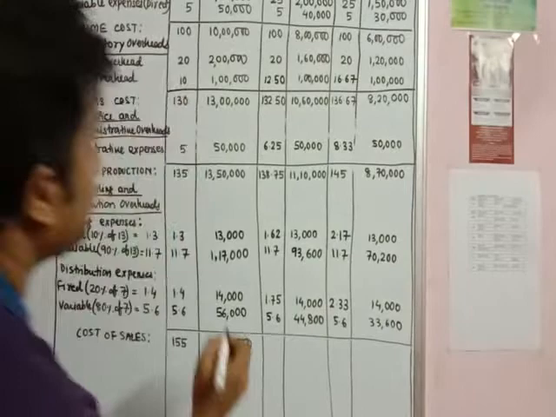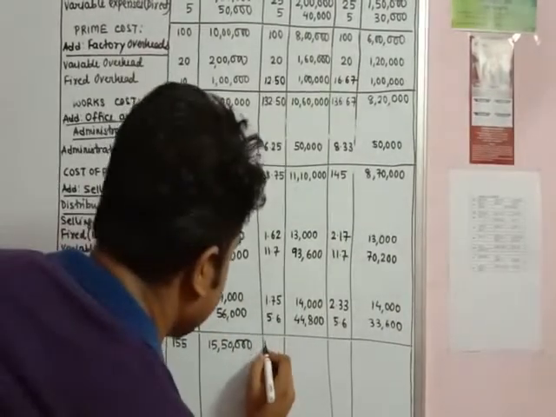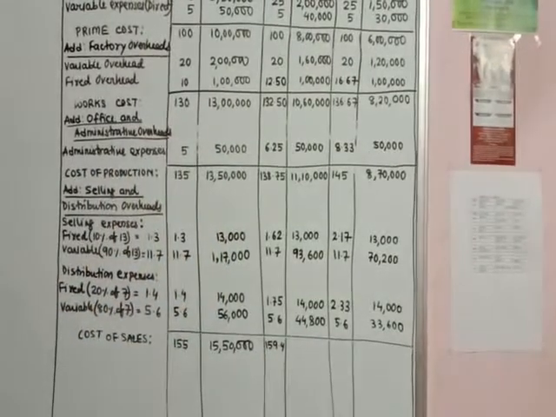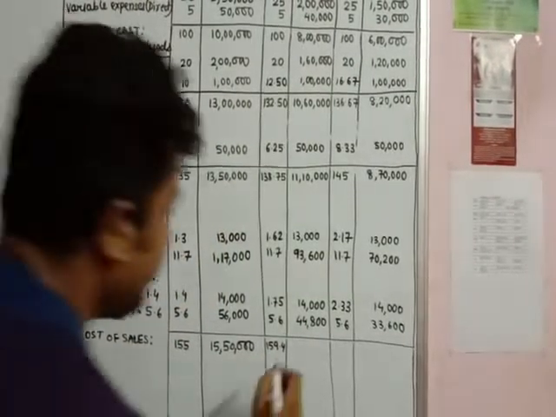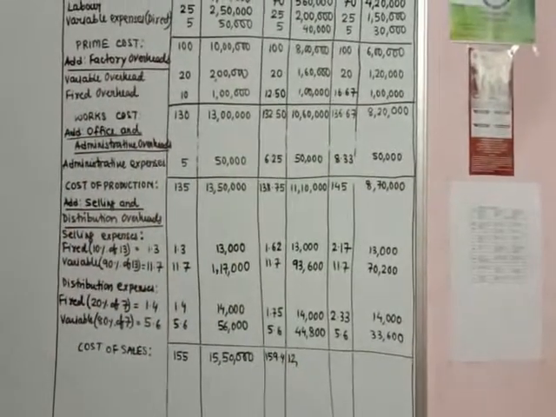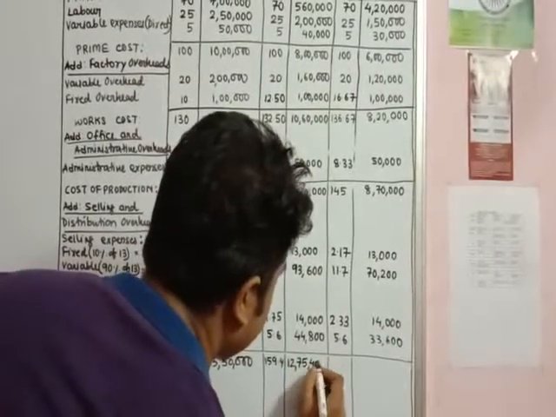With regard to 8,000 units, if you add up, the cost per unit comes up to be approximately 159.4, and the total amount is 12 lakh 75,400.